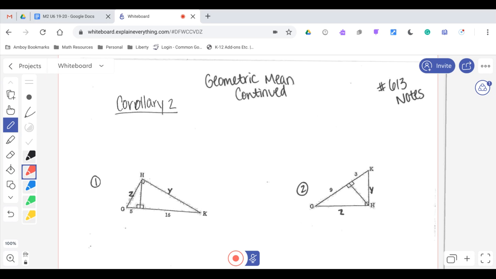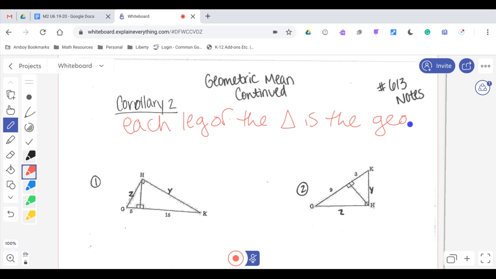And it states that each leg of the triangle is the geometric mean.